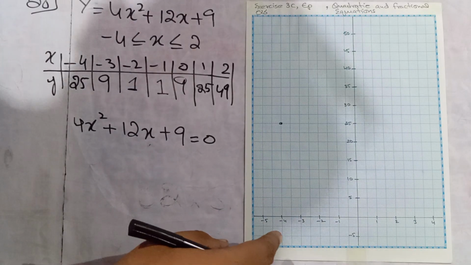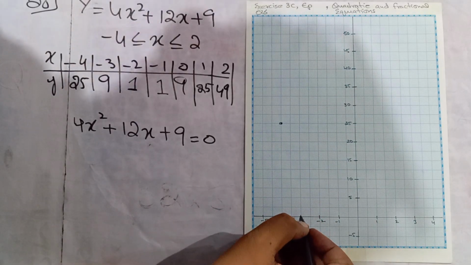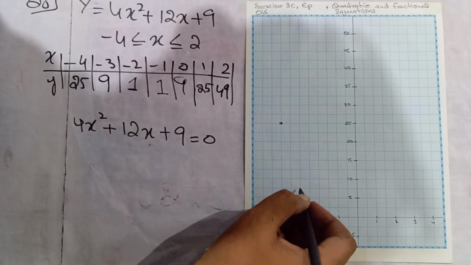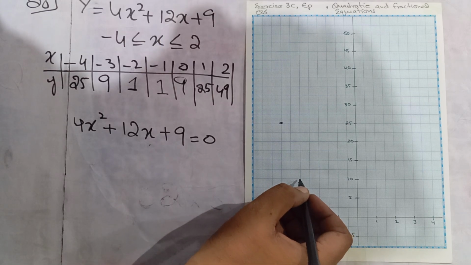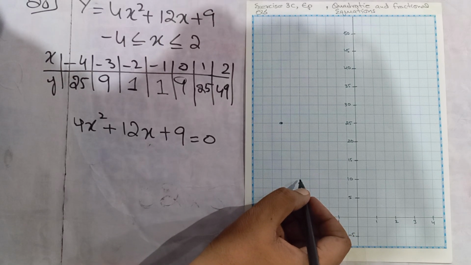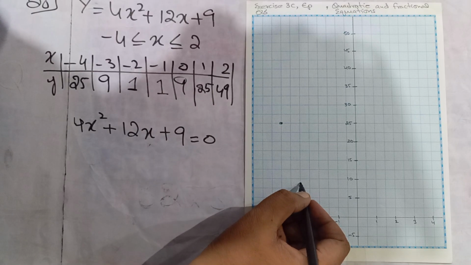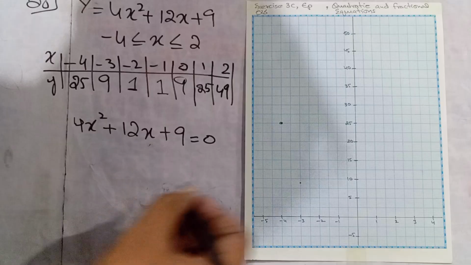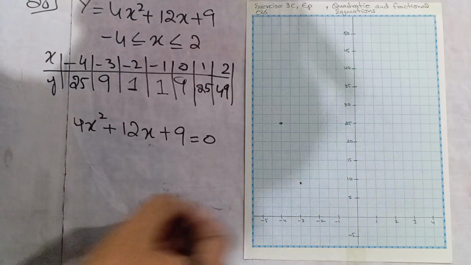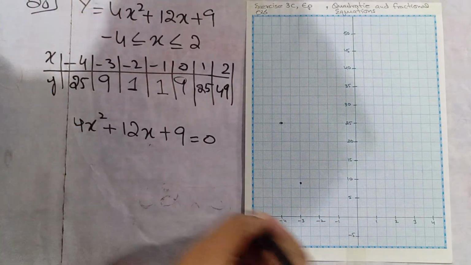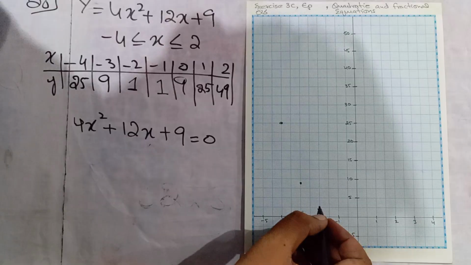At minus 3 it is 9, so 1, 2, 3, and 4 here. At minus 2 it is 1, positive 1.